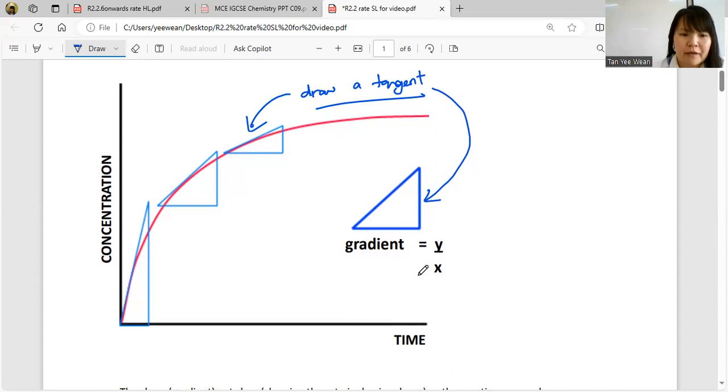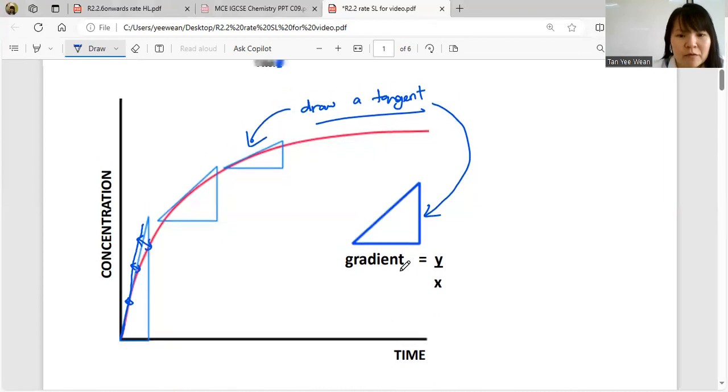Okay, so if they ask you what is the initial rate of reaction, you have to draw a tangent that just touches time zero and doesn't touch any other parts of this curve. When you get the tangent at time zero, you calculate the gradient, and that is the initial rate.